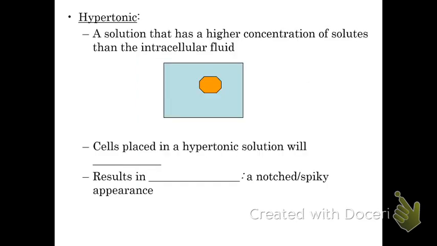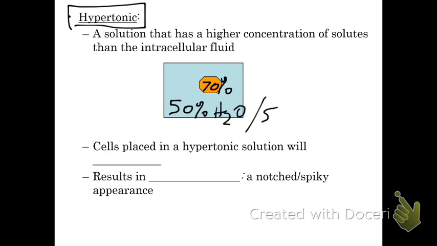Let's look at the opposing situation, a hypertonic environment. So hyper, more. So if our environment, before we said that our cell was 70% water. Let's say now that out here we have only 50% water in the environment. So we have 50% water and 50% solute.